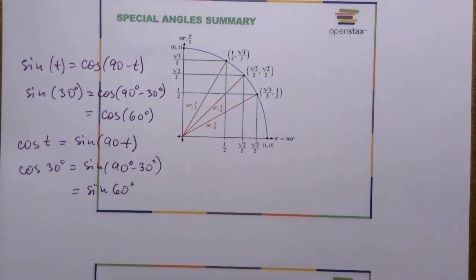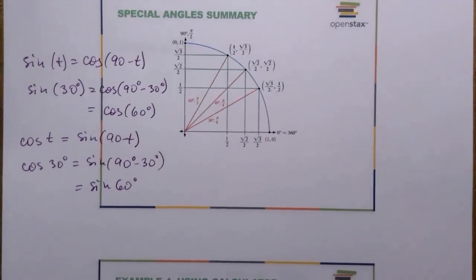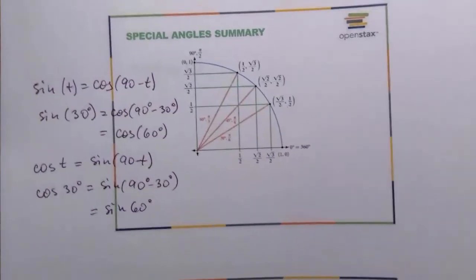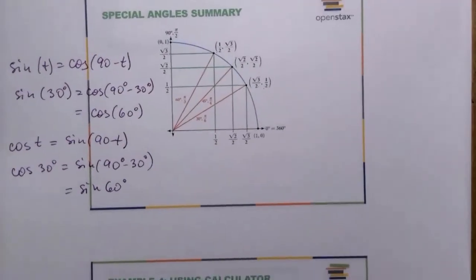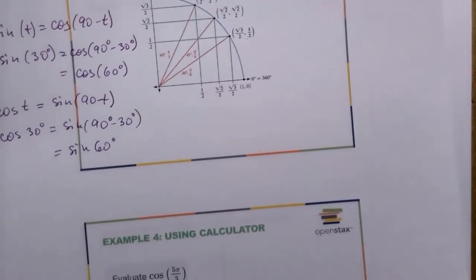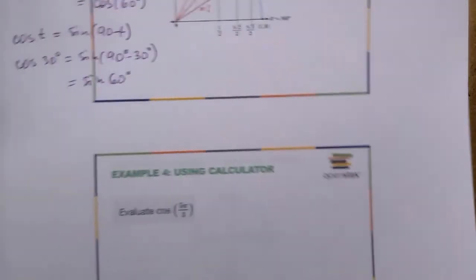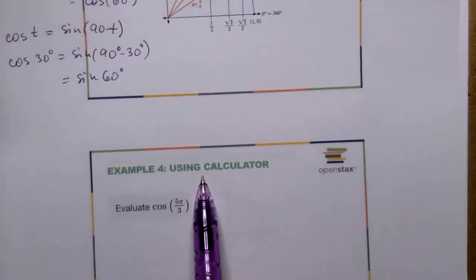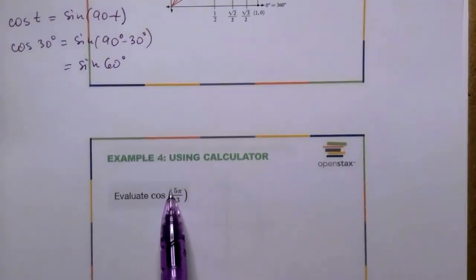And like I said, this all ties together everything that we talked about before. Now, let's briefly talk about how to use the calculator. It says, using a calculator, evaluate cosine of 5 pi over 3.